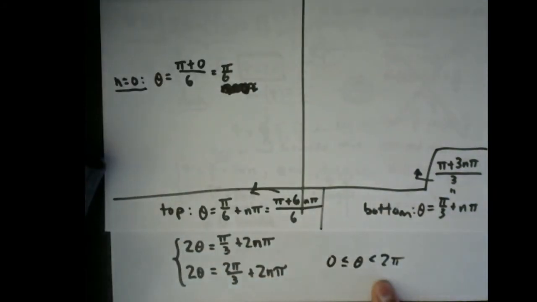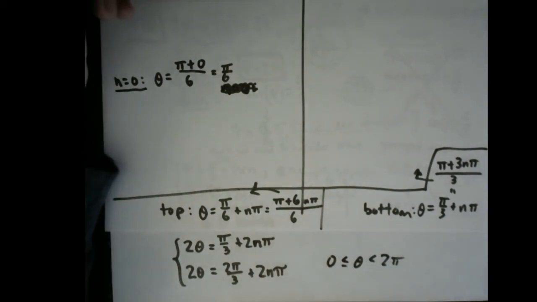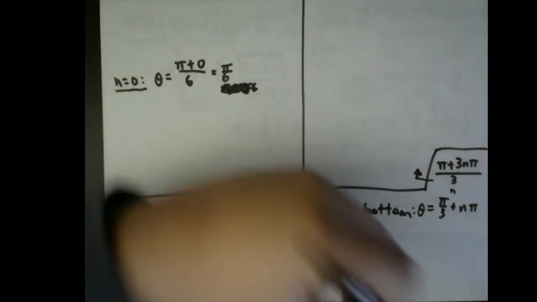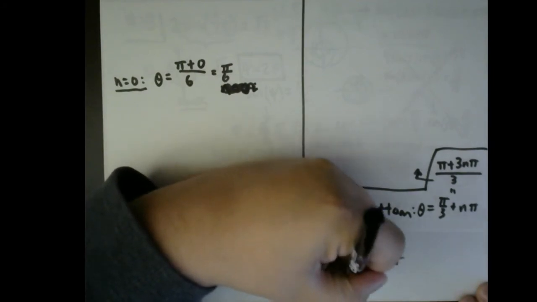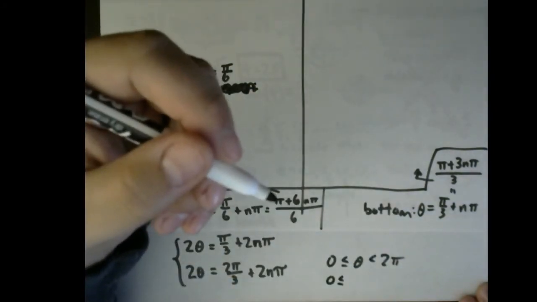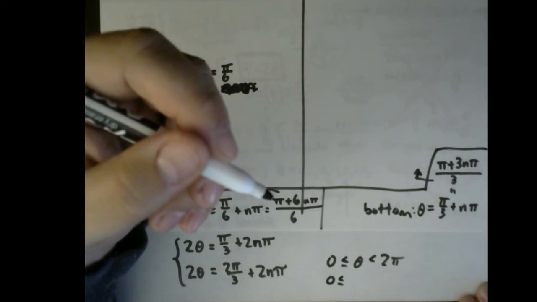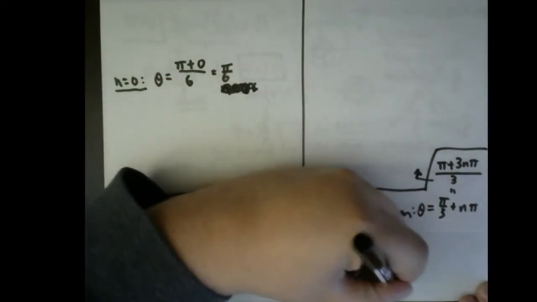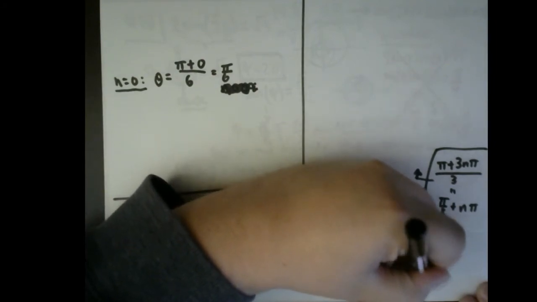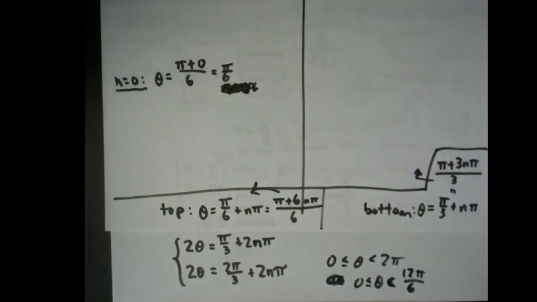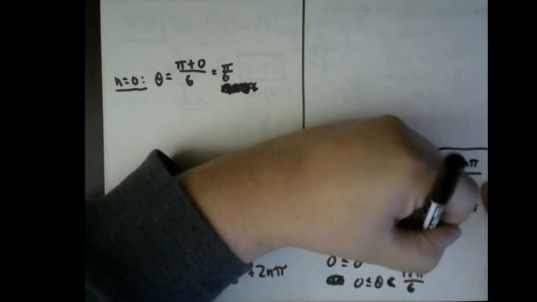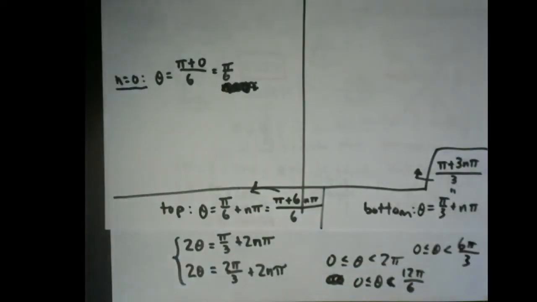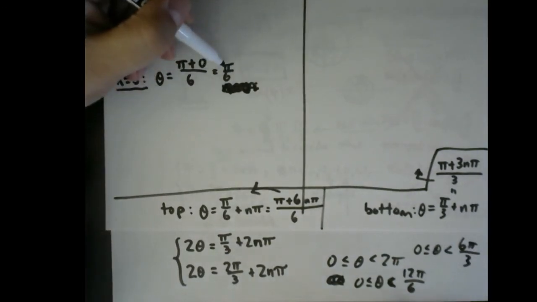How does that restriction translate into something over 6? I just write 2 pi as something over 6, and it's in fact 12 pi over 6. My apologies. And over here I have something in terms of thirds, so it's also the same to say it's 6 pi over 3. So as long as this numerator is smaller than 12 here, we're okay.